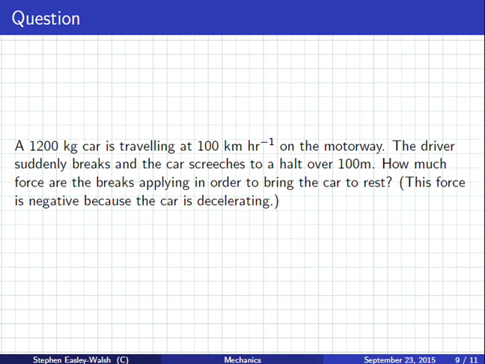Yes. We know the M. Do we know the A? No, we don't know it, but we can get it, because what do I give you in the question? I give you distance, U, V and S. Can you get A? Of course. So I want everybody to try this for me, and then I'll do it. So try it first, please. Let's see if you can do it.